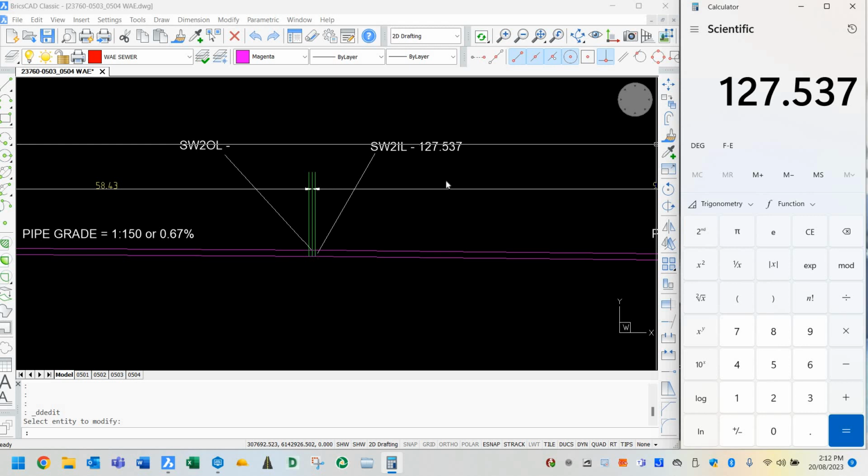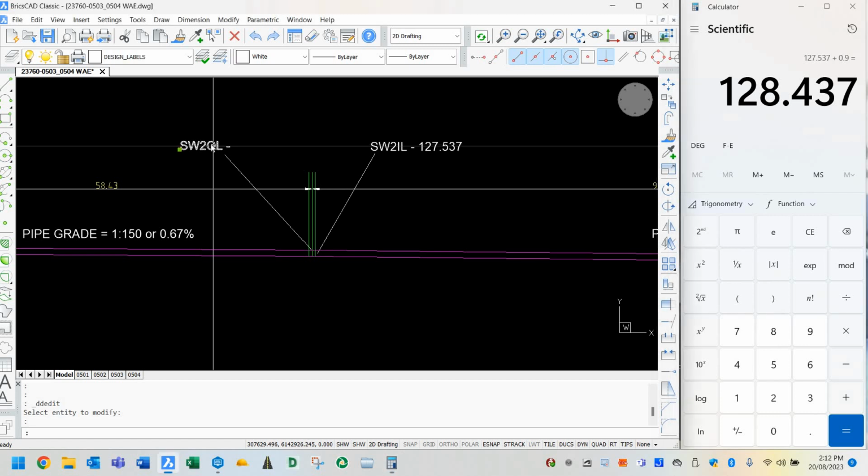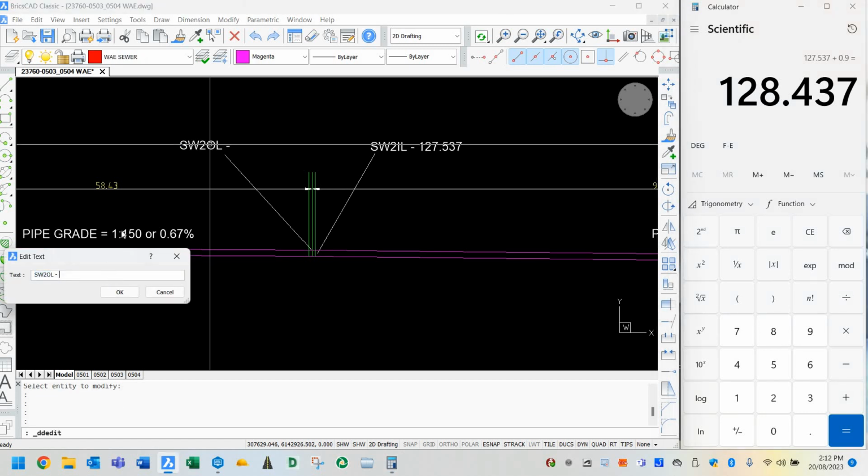So you just go plus 0.9 meters for 900 mils, hit enter. Your obvert level is 128.437.